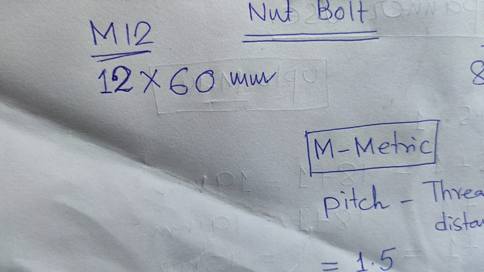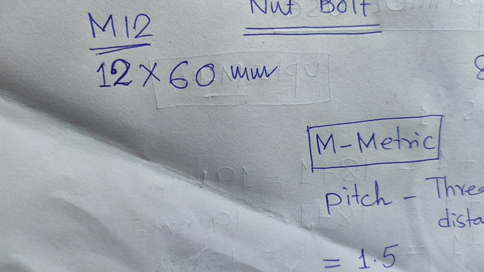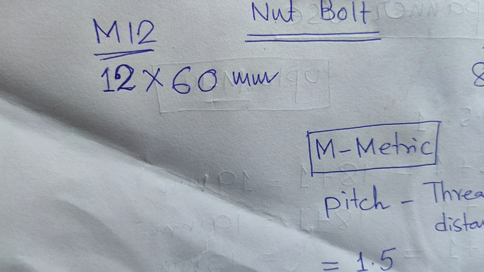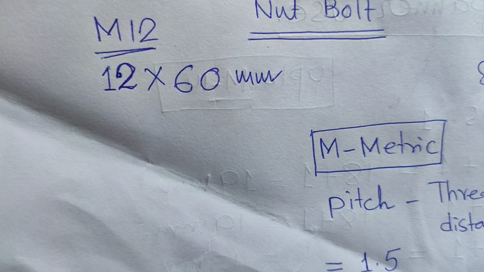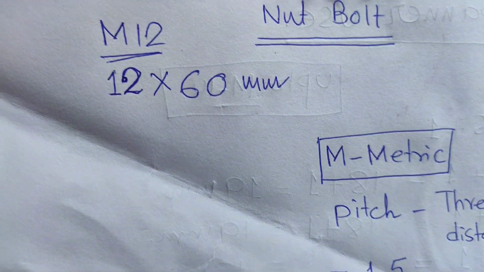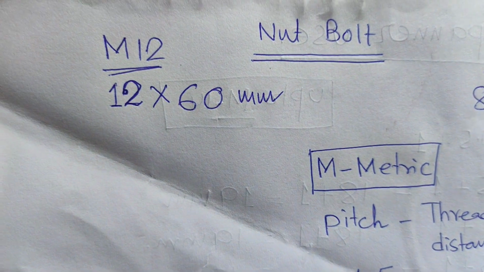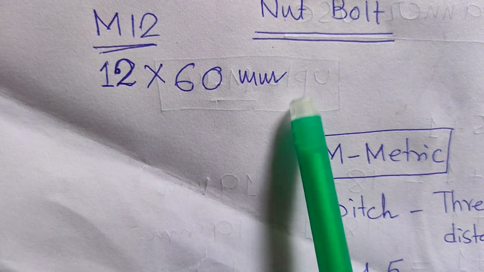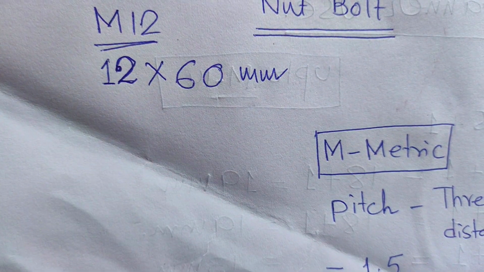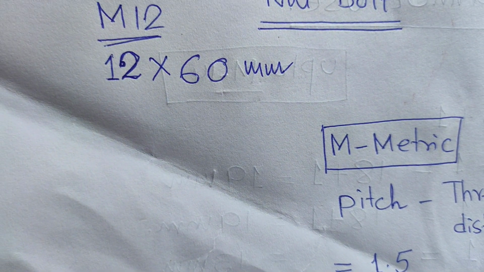Just by seeing M12 you are confirmed, and you can be 100% sure that this is the millimeter, metric unit. So in 12 into 60, 12 is the diameter of the nut and 60 is the length of the nut.